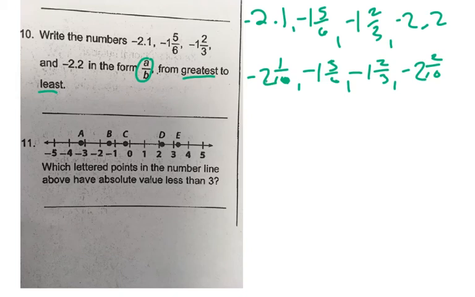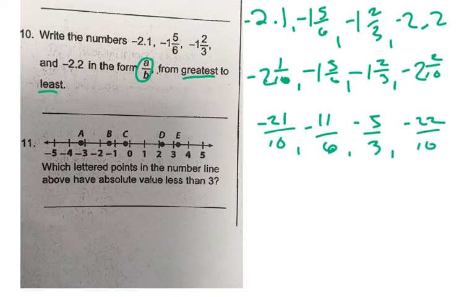So 2 times 10 is 20, plus 1 is -21/10. Then I have 6 times 1 is 6, plus 5 is 11, so I have a -11/6. 3 times 1 is 3, plus 2 is 5, -5/3. And then I have 2 times 10 is 20, plus 2 is 22, so it's -22/10.